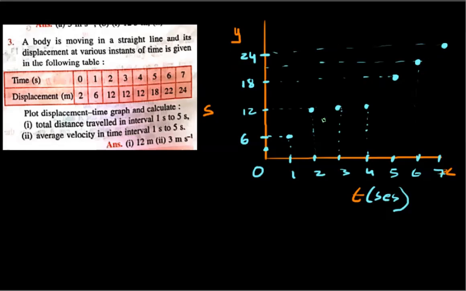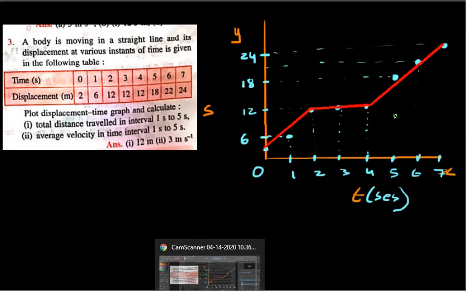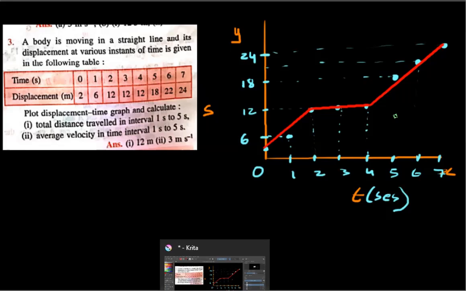These are all my points. Now, if I draw a line to join all these points, this will give me the graph, starting from here. I'm going to draw a straight line because graphs are normally a straight line like this. Of course, my graph is not exactly up to scale, so I might be missing a few points here and there. But if you take a proper scale on graph paper, your graph will be a proper straight line. So the first part is done.